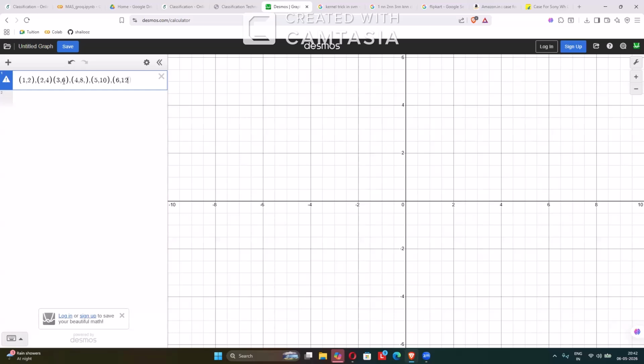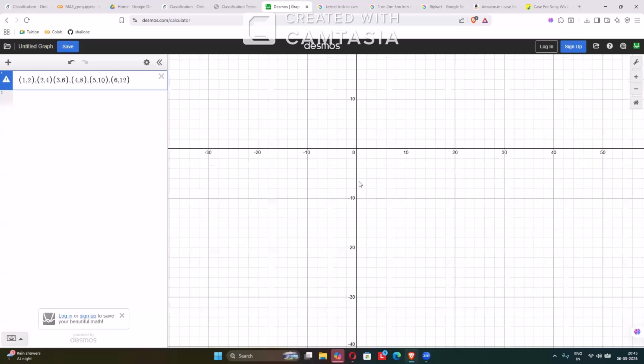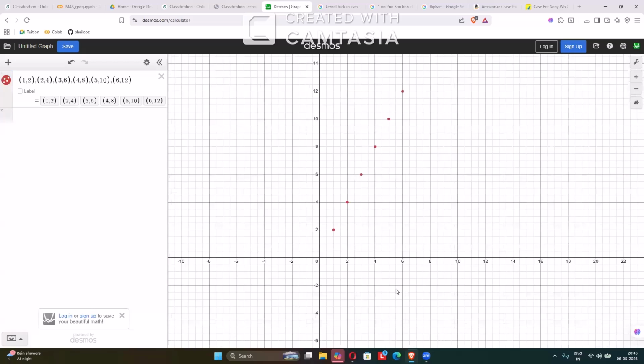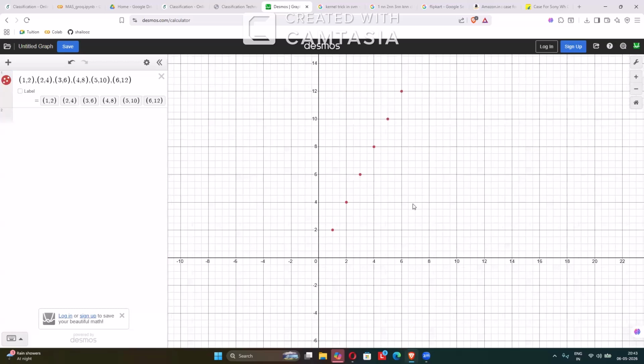If you observe this data, you can see a pattern like this, right?